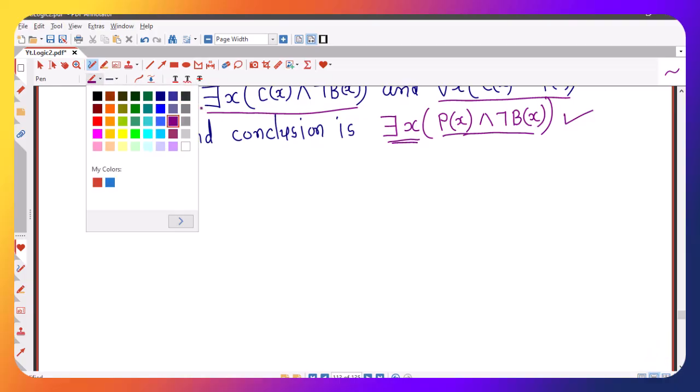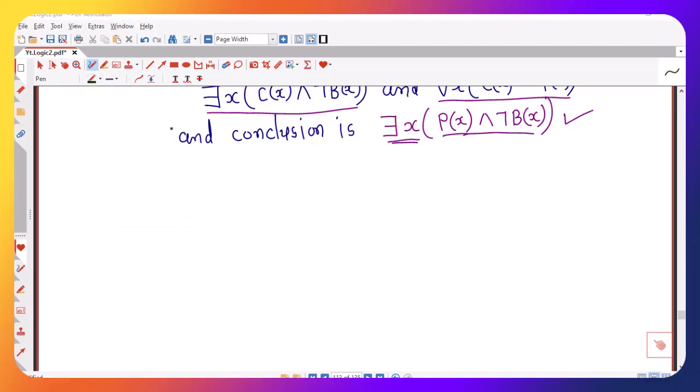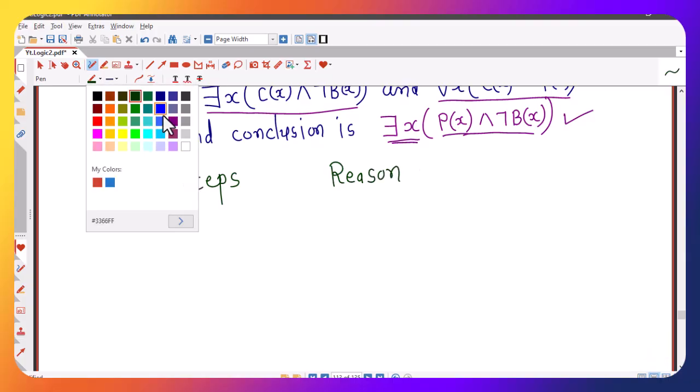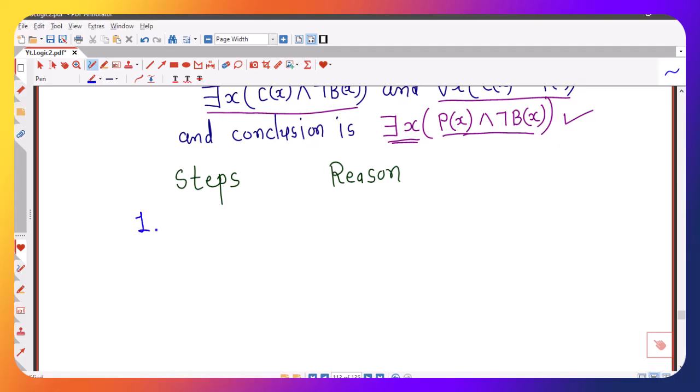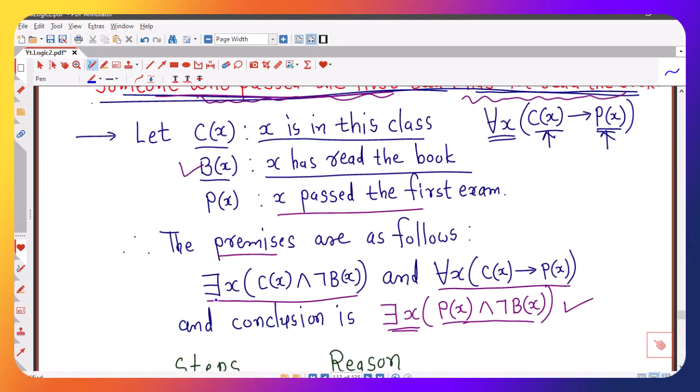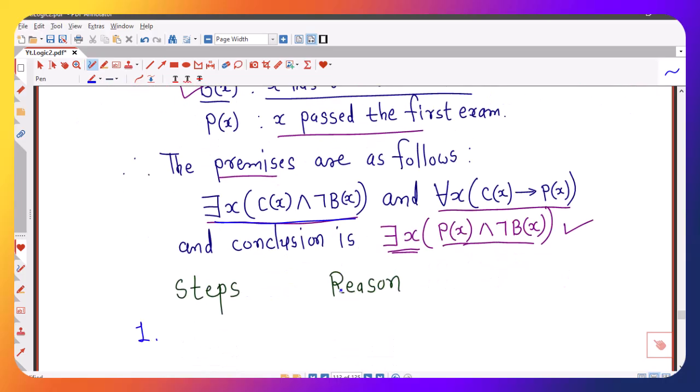So as usual, our method is we consider steps or statements on the left hand side, and here we write down the reason for writing that particular step, and we start with the first premise, which is there exists x such that C of x and negation of B of x.